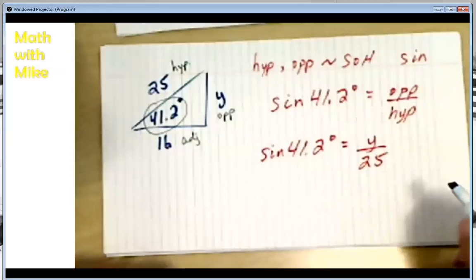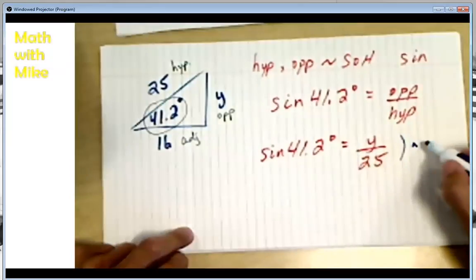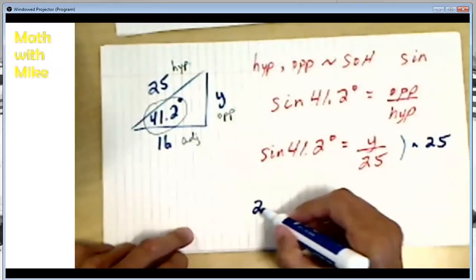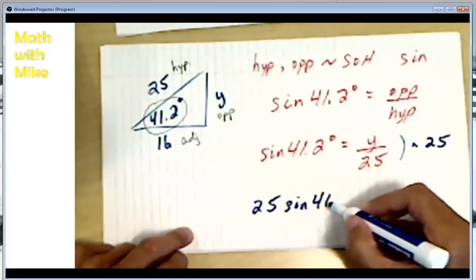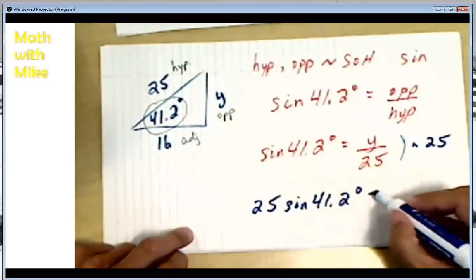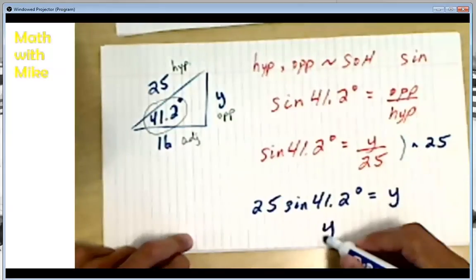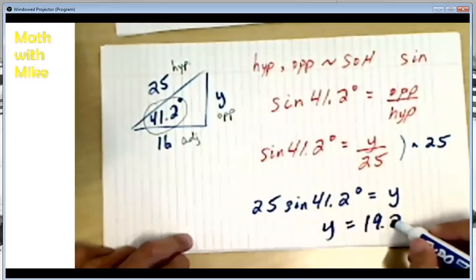To get 25 off the bottom, you multiply everything by 25. So you get 25 sine 41.2 is equal to y. And you work this out, and y will equal 19.2, just like before.